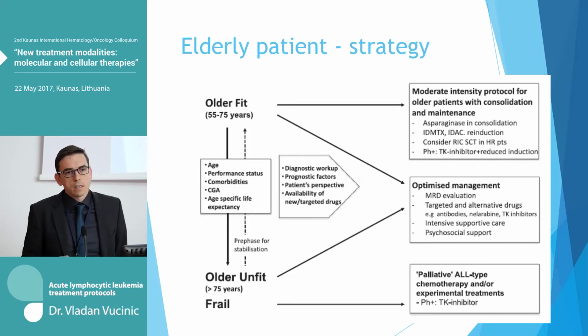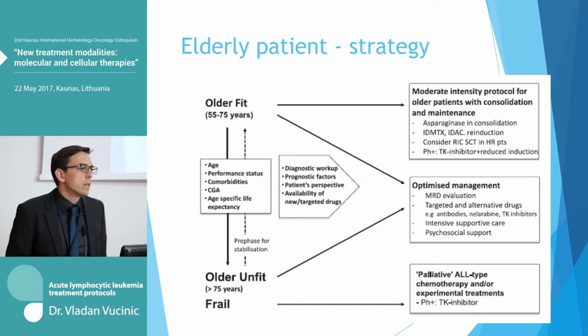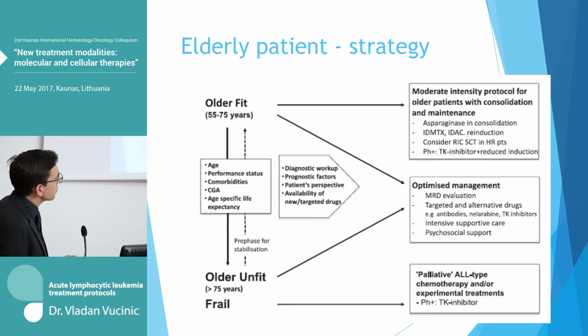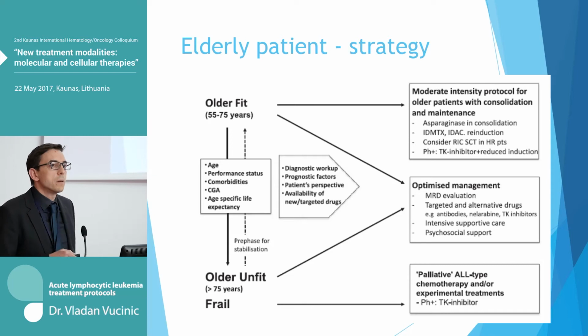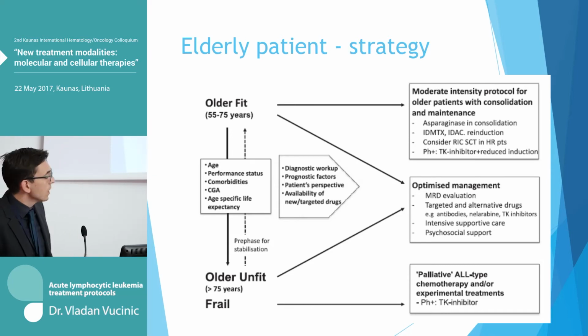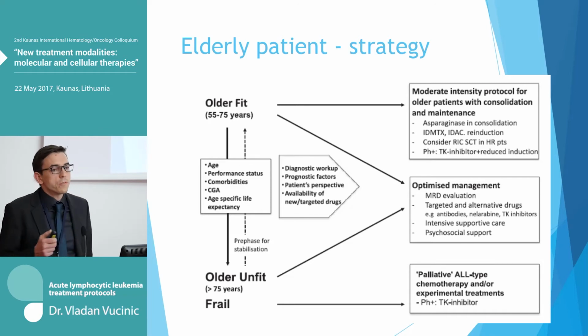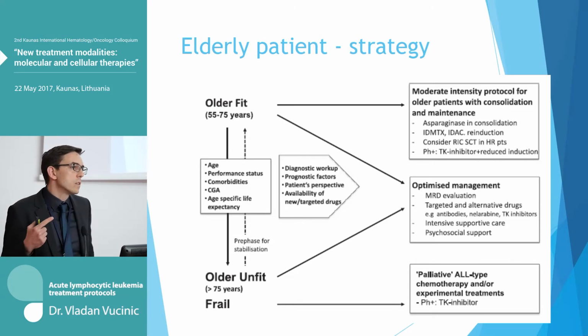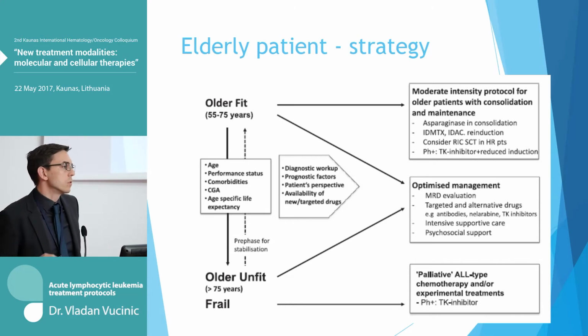So the German ALL study developed a concept for frail patients who you treat with palliative mild chemotherapy regimens, and also for fit patients in whom you can perform chemotherapy regimens, or even try in the future to go to the targeted therapies.